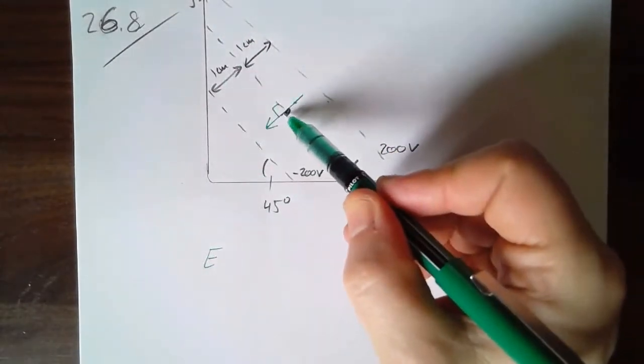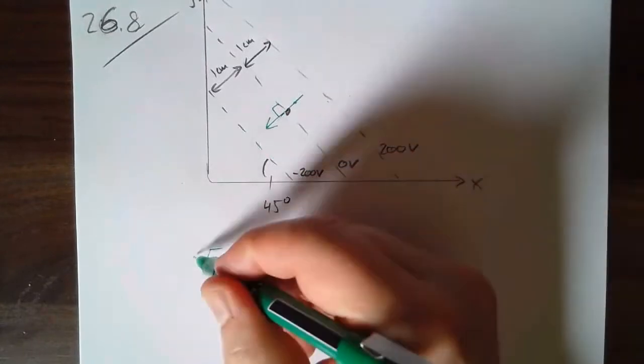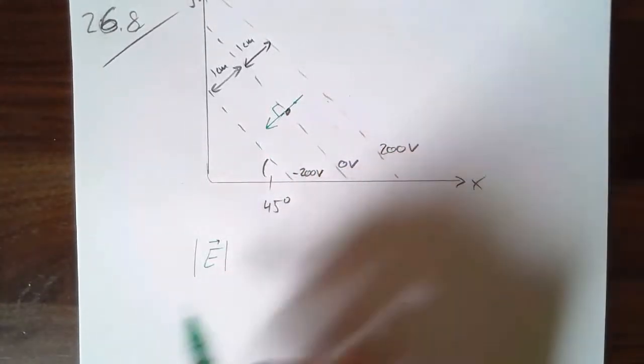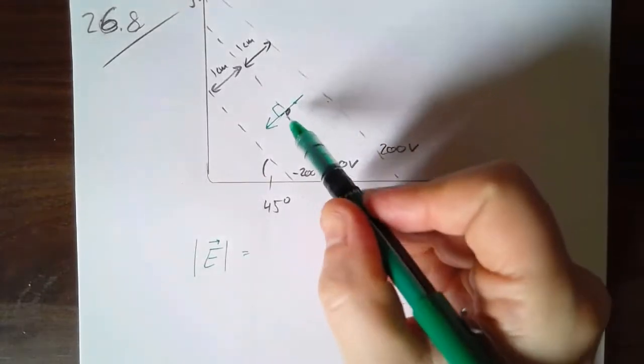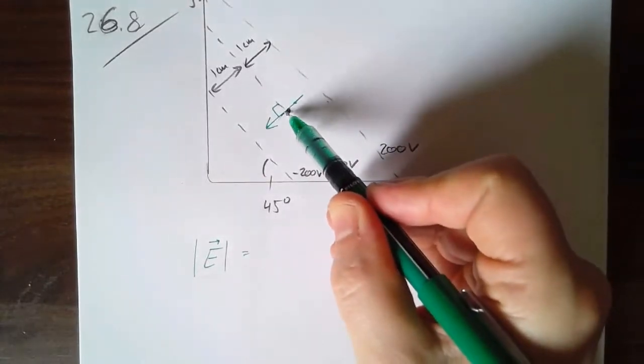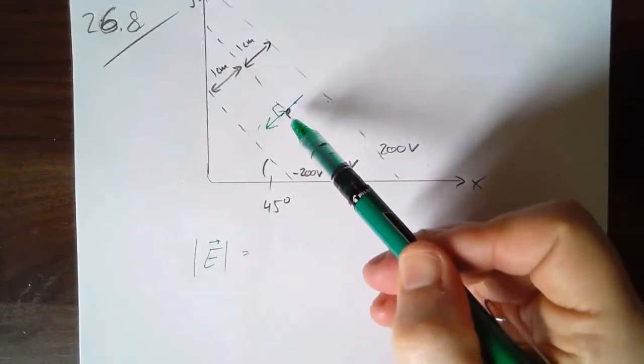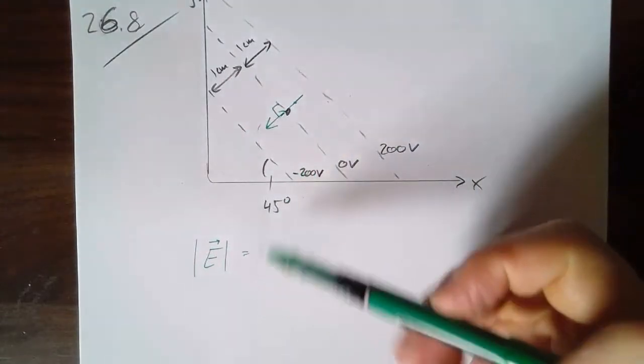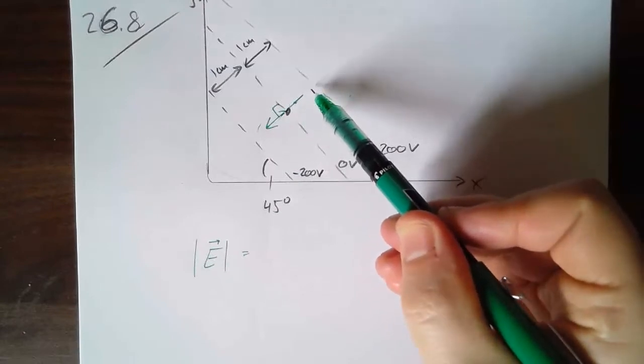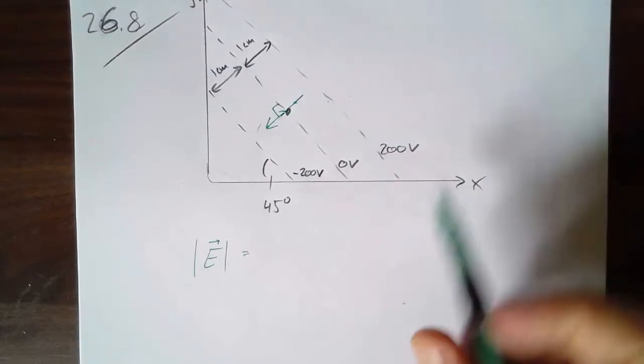If you go in the direction of the field, you take a 1 centimeter step, we're given that, you go down by 200 volts. Take a 1 centimeter step the other way, you go up by 200 volts.